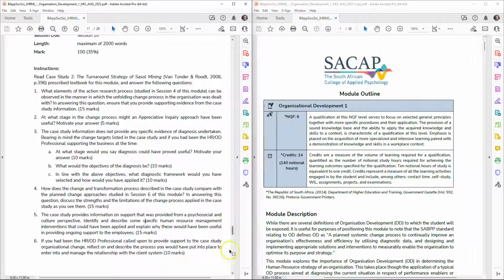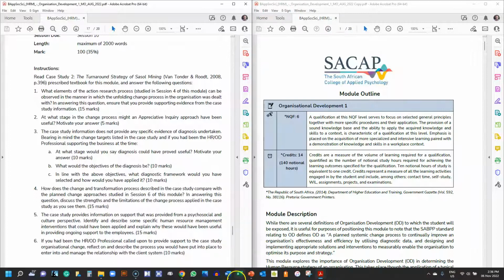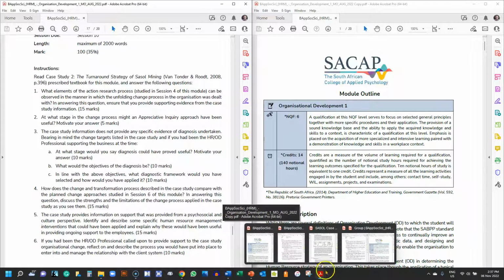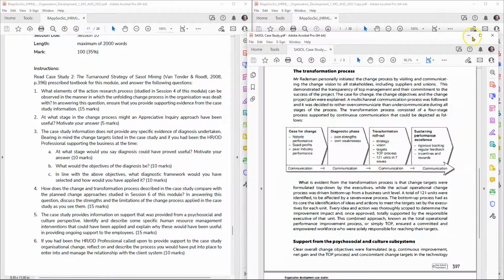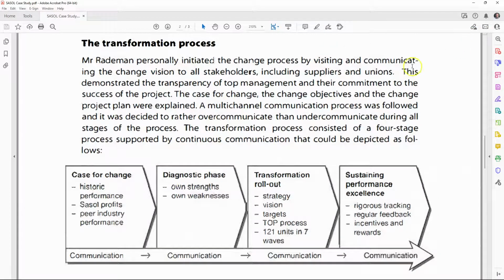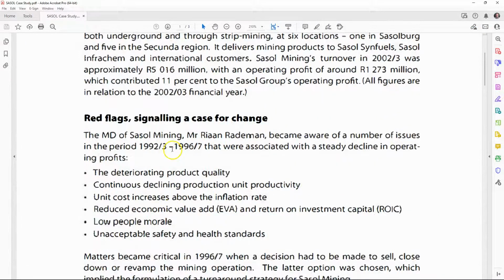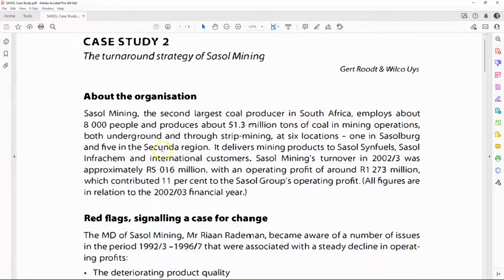So I just want to quickly show you the case study. I think I've got that open over here. This is the case study that I copied out of the textbook, and I've posted this for you on my SACAP under the assessments tab.